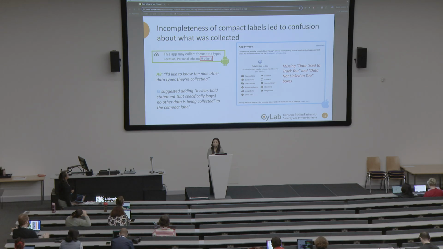We also asked a follow-up question: what kind of data types do you care about most? A lot of our users mentioned location, personal information, and financial info, which is what most of the Android labels put on the compact labels. But this could be due to the fact that they were already seeing these data type categories on the compact labels. So I think having more iterative user studies on this will be really helpful.